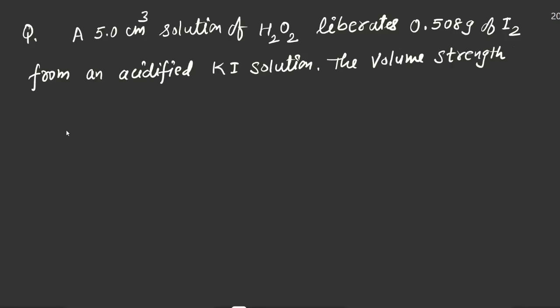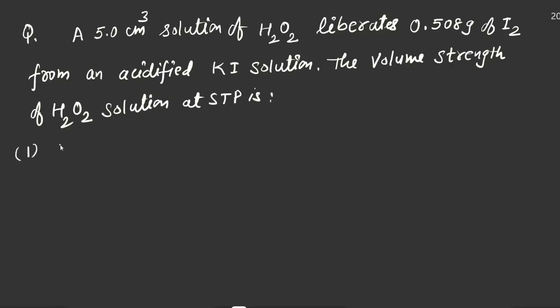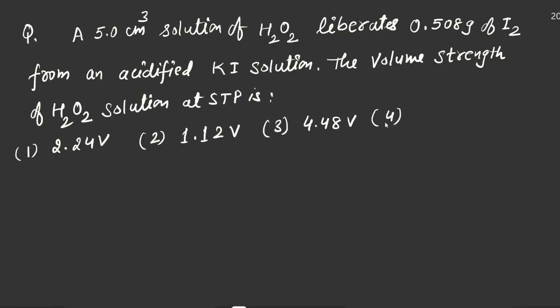The volume strength of H2O2 solution at STP is, options are 2.24, 1.12, 4.48 and 8.96.